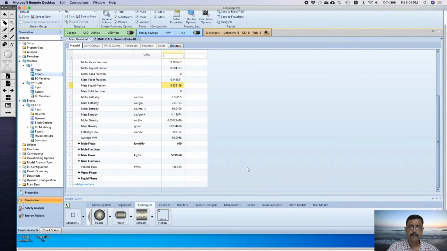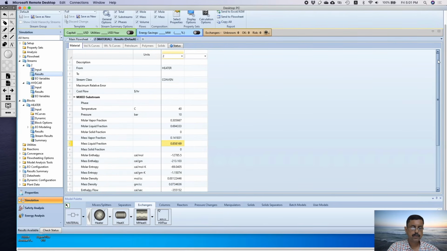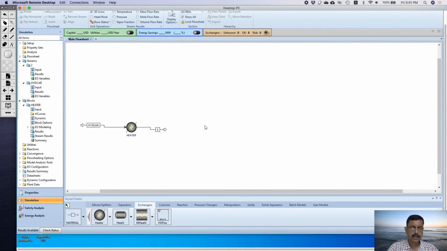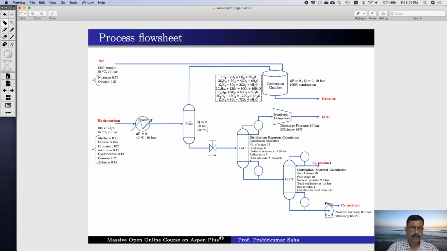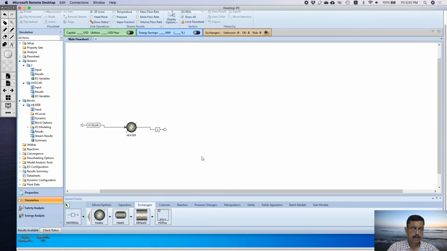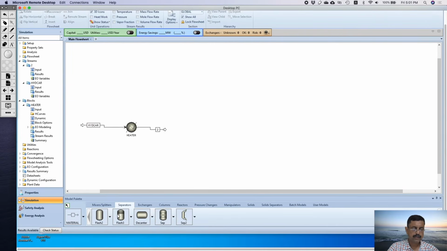Now we have to add a flash over here, followed by a valve. So flash, we will use this. This is 2 outlet flash and this is 3 outlet flash.